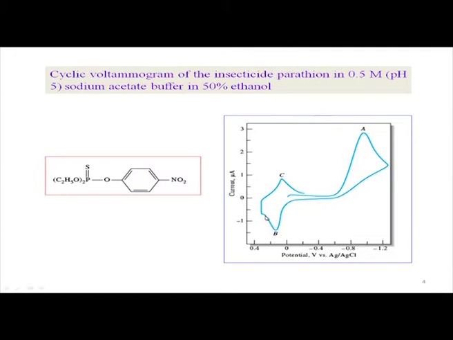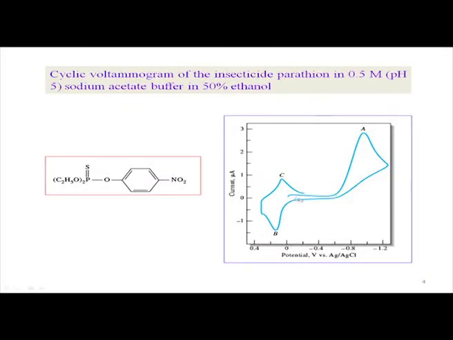If you then switch back again and try to get a cyclic process, because you can have a repeat scan for any compound like your potassium ferricyanide, and if the compound is stable in the solution as well as on the electrode surface in the reduced form, you get an overlapping cyclic process for your measurement.